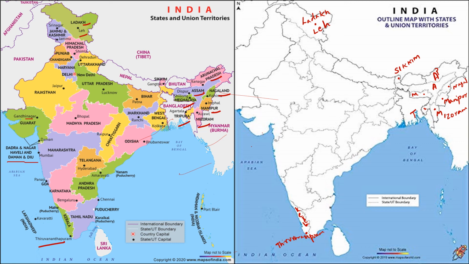This place and this place are Daman. This is the union territory called Daman, with Diu. Clear? These are the union territories, Daman and Diu or Dadra Nagar Haveli. Clear? Yes.